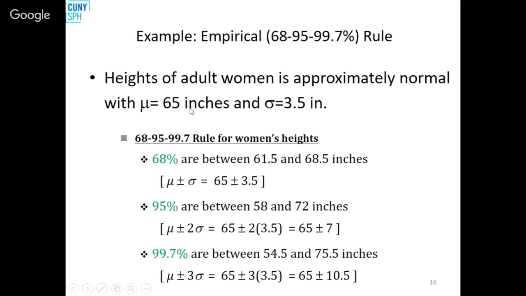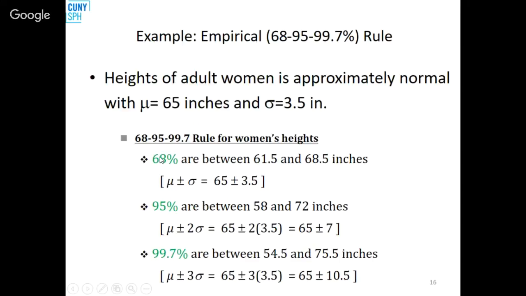So for example, from the empirical rule applied to the heights of adult women, where the mean was 65 and the standard deviation was 3.5 inches, the plus or minus 1 standard deviation is 61.5 to 68.5, or 65 plus or minus 3.5.